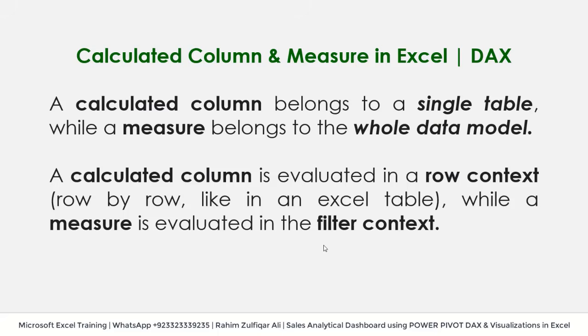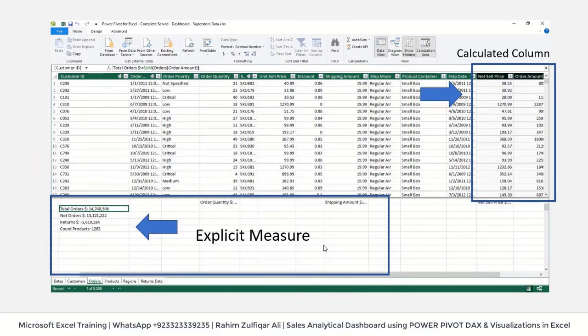So when we use that particular number as an explicit measure, that works on the backend as a filter context. Okay, so this is one of the easy examples to distinguish how it looks in the Power Pivot. For a calculated column, as you can see on the right side, there are two additional columns which have been added, a net sell price column and the order amount.